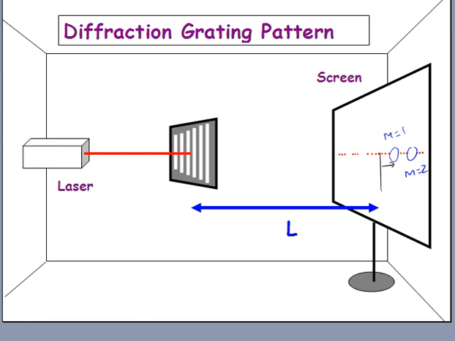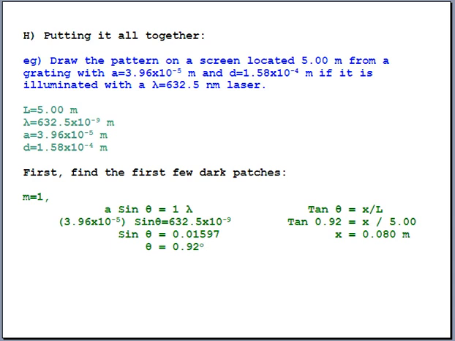Now, the second dark patch, this is one of those do as I say, not as I do things. I'm going to get a little bit lazy here and show you a sneaky way to do this. Officially, I should tell you that this is nonlinear, meaning that it doesn't follow a perfect pattern. But it almost does. So officially, you should go and try this again, putting in a 2 in here, coming up with the angle, and then putting that angle in here and seeing what the x value is.